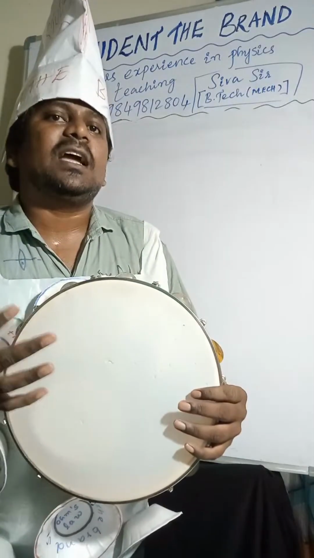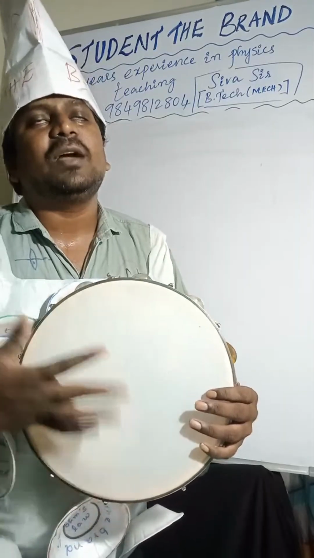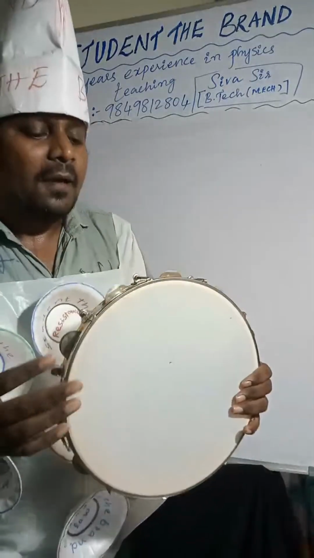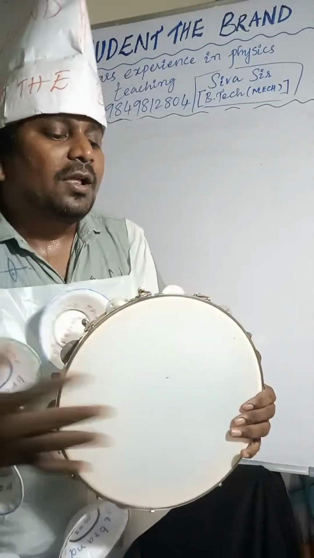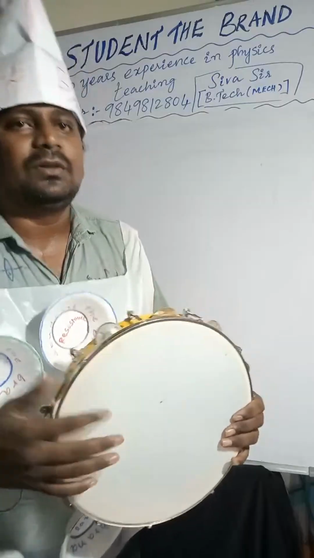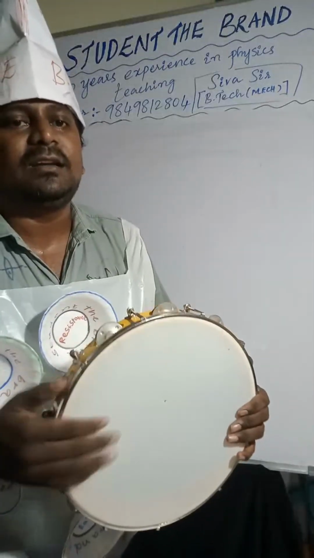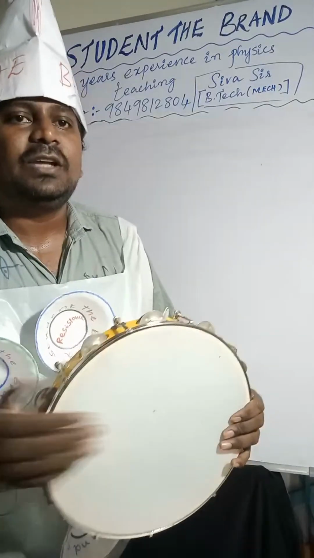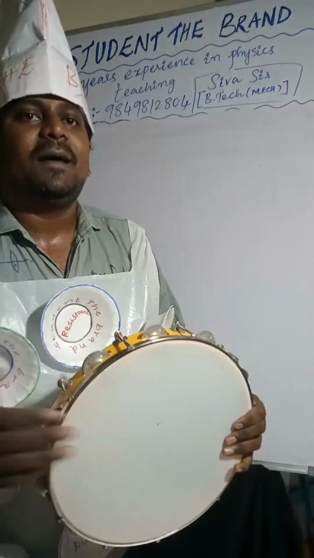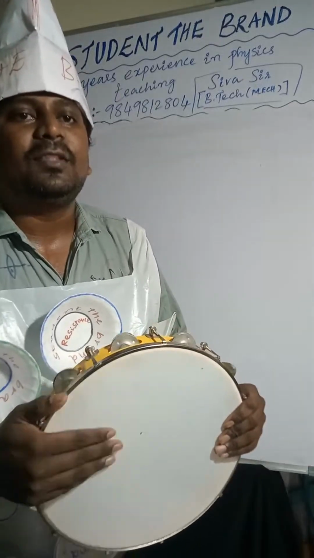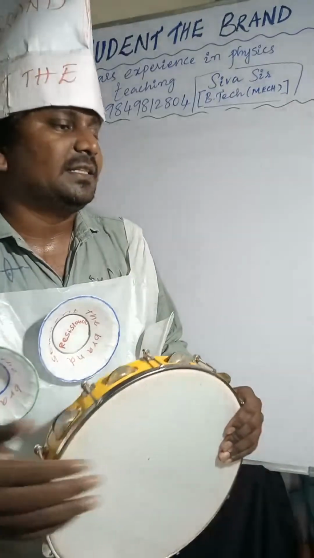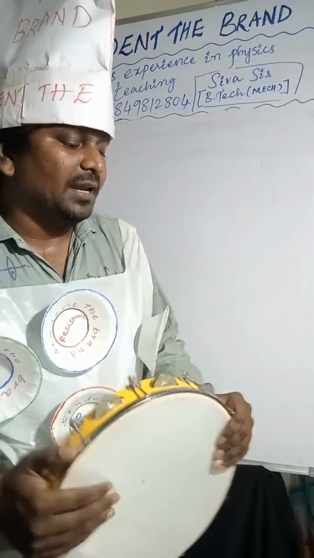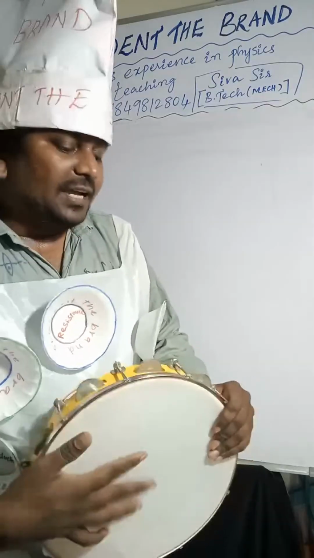New Cartesian sign convention. New Cartesian sign convention. All distance are measured from the pole. Distance are positive along the instant trace. Distance are negative opposite to instant trace. Distance are positive above the principal axis. Distance are negative below the principal axis. New Cartesian sign convention.